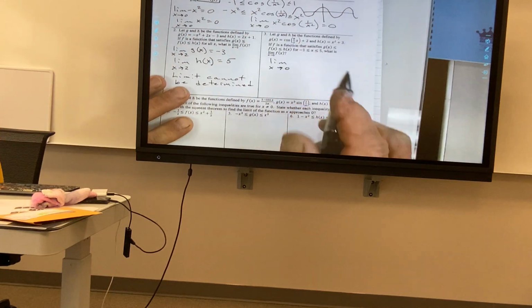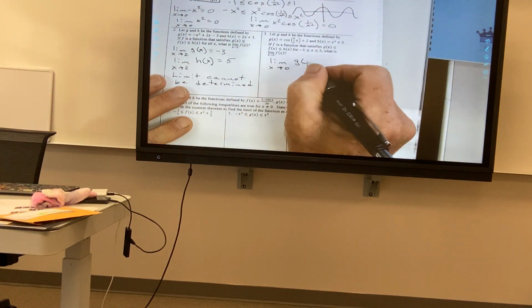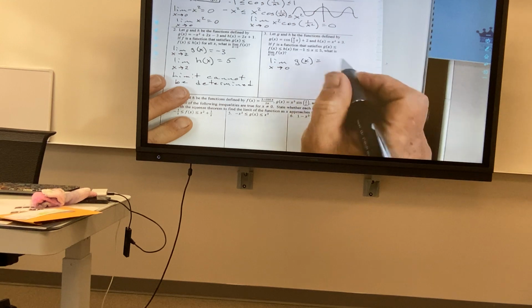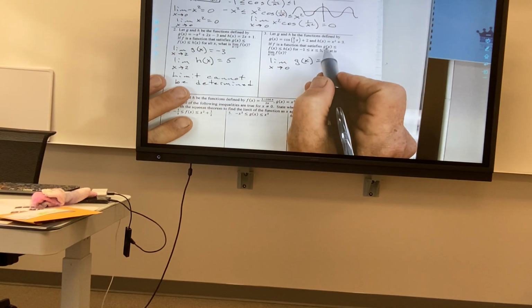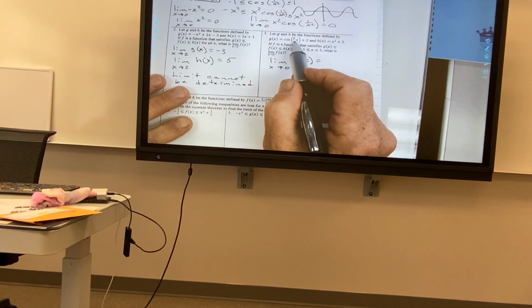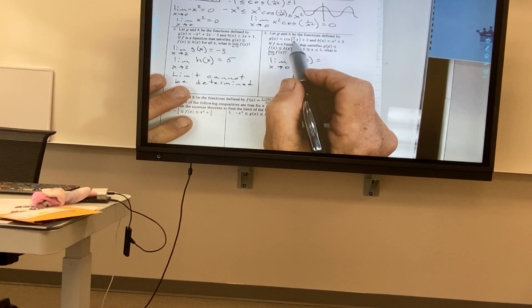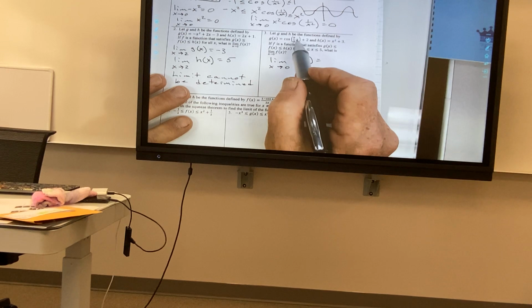G of x and h of x? G of x, I'll do g of x first. That's the smallest one, right? That's to the left. Yeah. So I could put 0 into cosine. I get pi over 2 times 0, that's 0.